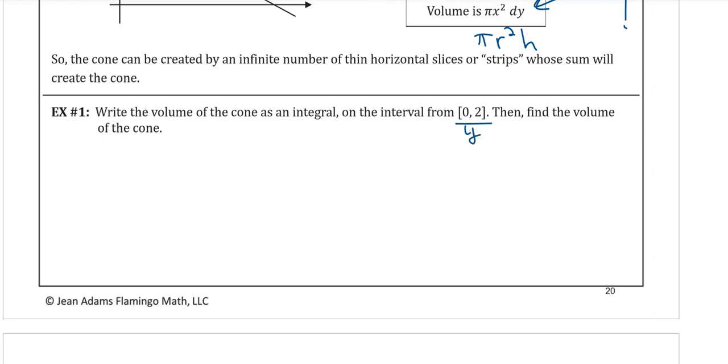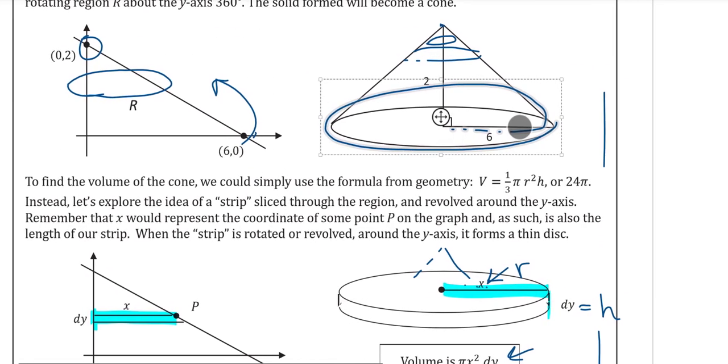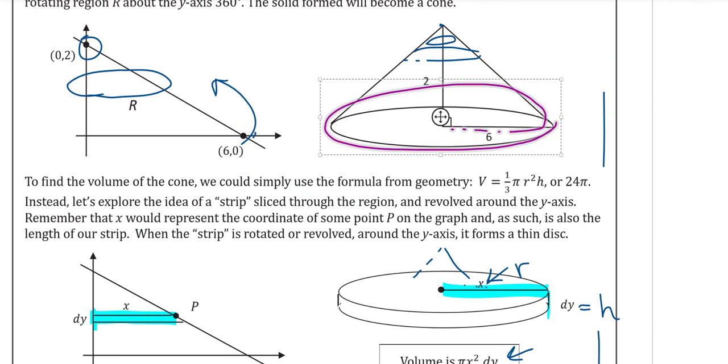When we're done, we should get 24 pi, because that's what we would get if we just used the formula with this radius of 6 and this height of 2. We get 1/3 pi times 36, so that would be 12, and then multiply that by 2, and we get 24 pi.